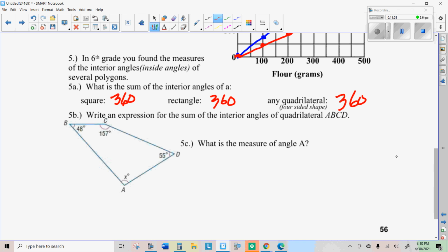Okay, so now that we know there's a total of 360 degrees here, if we add up all of these, our missing x plus all of these has to equal 360. So I'm going to add the 48, 157, and 55.